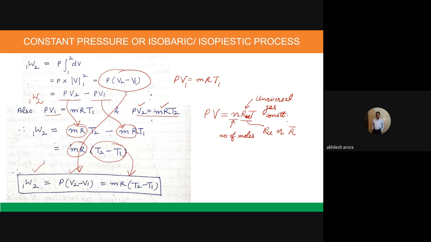Both these terms represent the universal gas constant. But when I am writing this particular equation, PV is equal to mRT, now this m is mass, and this R is not the universal gas constant. Rather, it is the characteristic gas constant.